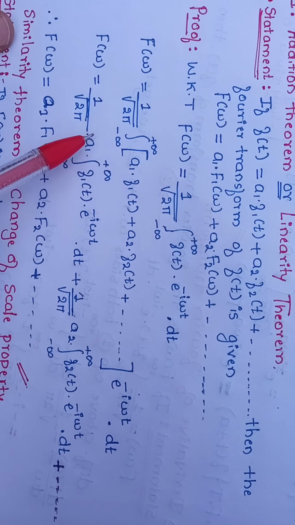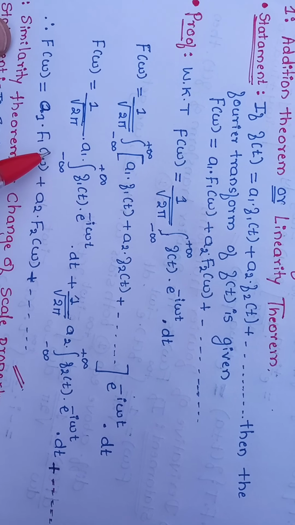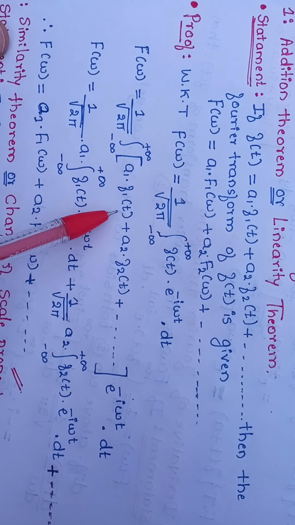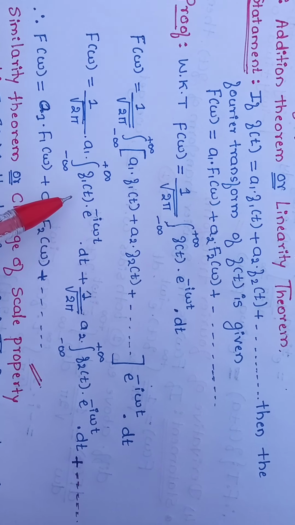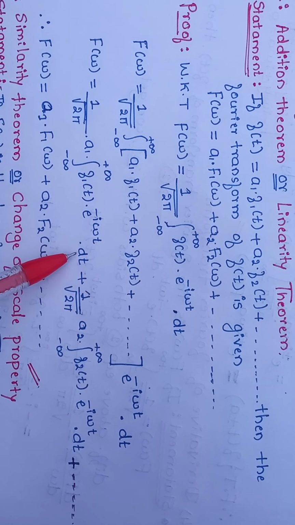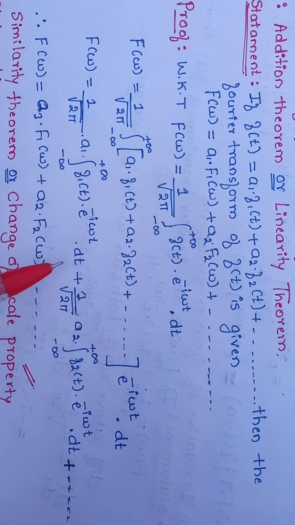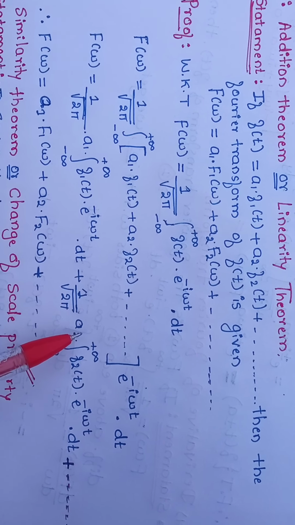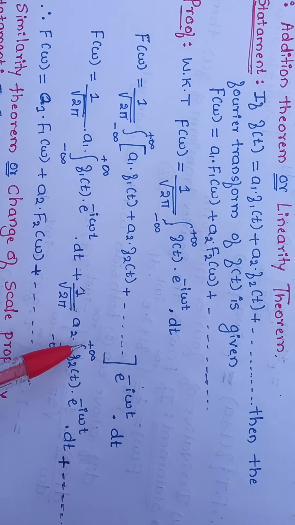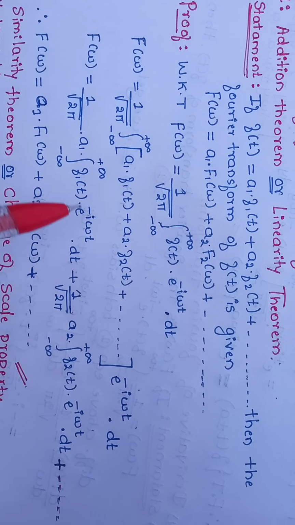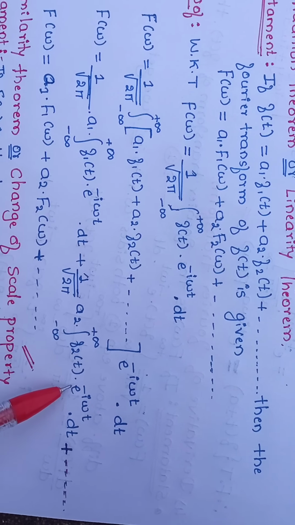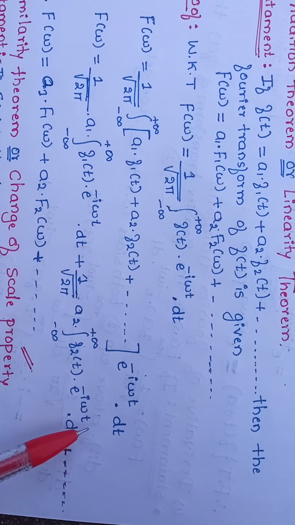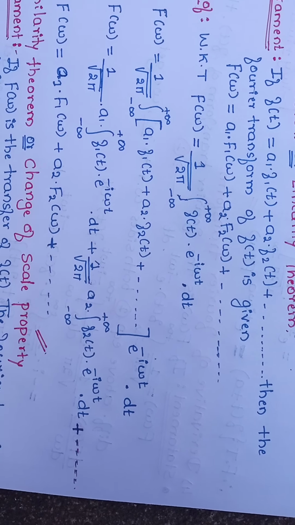That is F of omega equal to 1 divided by square root of 2 pi a1 into integration minus infinity to plus infinity f1 of t into e raised to minus i omega t into dt plus 1 divided by square root of 2 pi into a2 into integration of minus infinity to plus infinity f2 of t into e raised to minus i omega t into dt plus and so on.